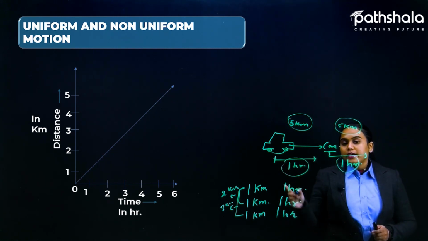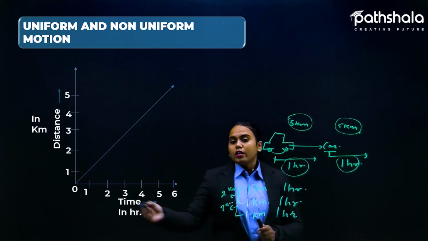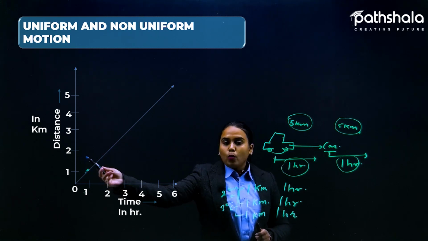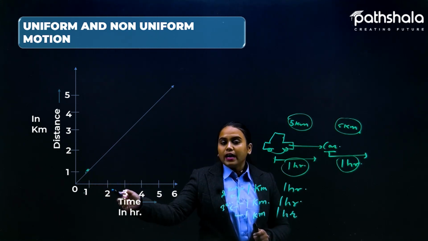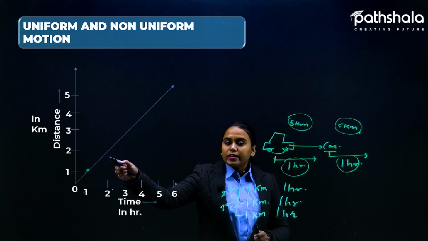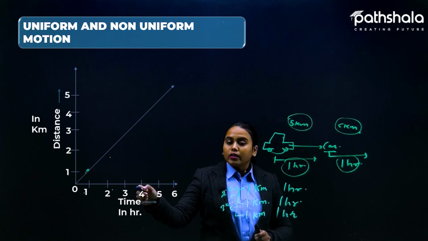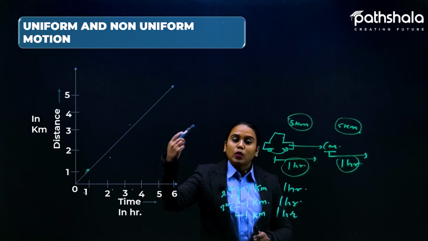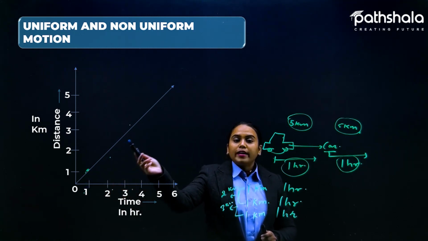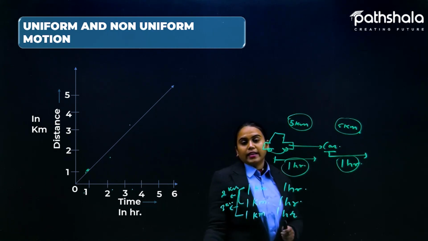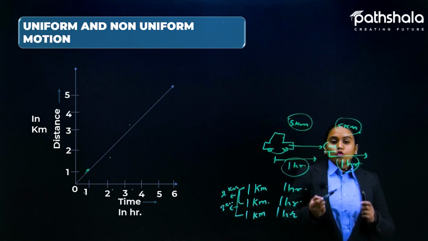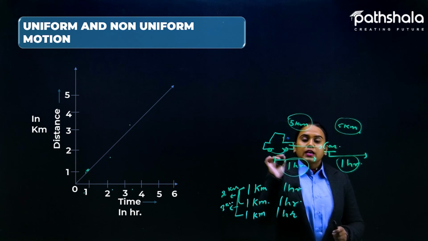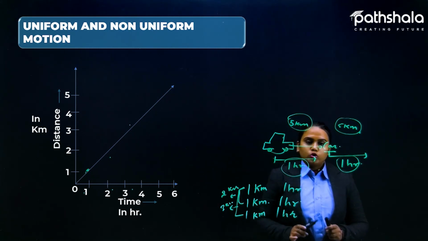For the first hour, 1 kilometer is covered. For the second hour, 1 more kilometer is covered, so we have reached 2. For the third hour, 2 plus 1 is 3. After joining all these points we get this straight line. Whenever you see this kind of straight line graph, you suppose it is uniform motion.